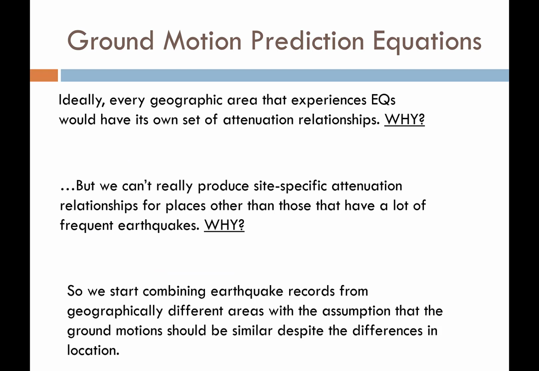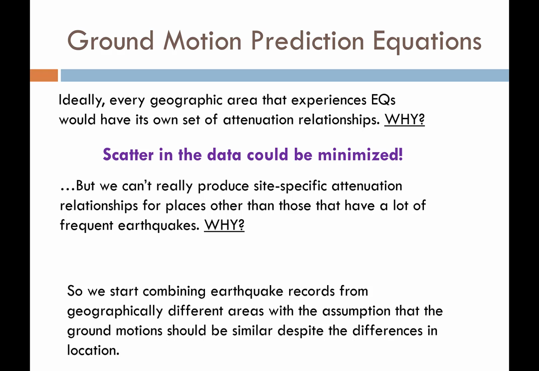Now, ideally, every geographic area that experiences earthquakes would have its own set of ground motion prediction relationships. And I could ask the question, why? Well, the reason is, if I'm only looking at data that's local to the site that I'm interested in, the scatter in that data is going to be much less.